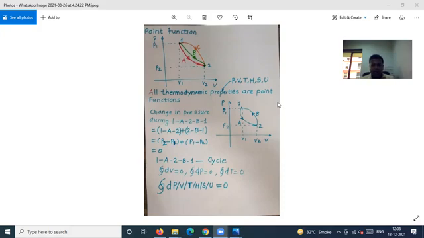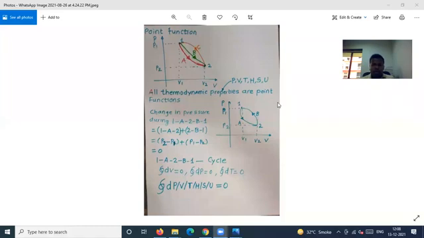From that expression, we understood that if you plot any diagram on the PV scale, the area enclosed below that diagram will give you the magnitude of work done. If you plot any process on a PV diagram and calculate the area below that curve, it gives you the value of work done during that process.